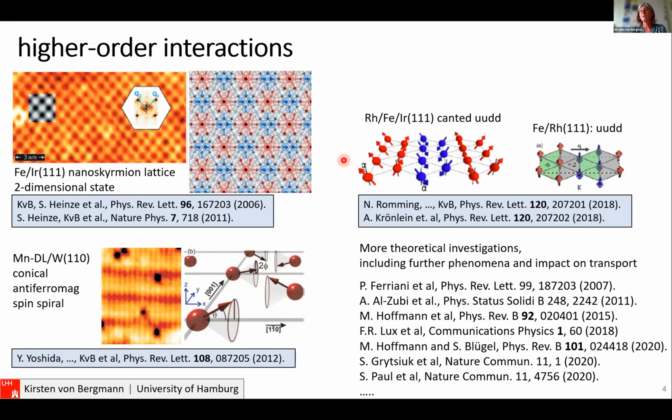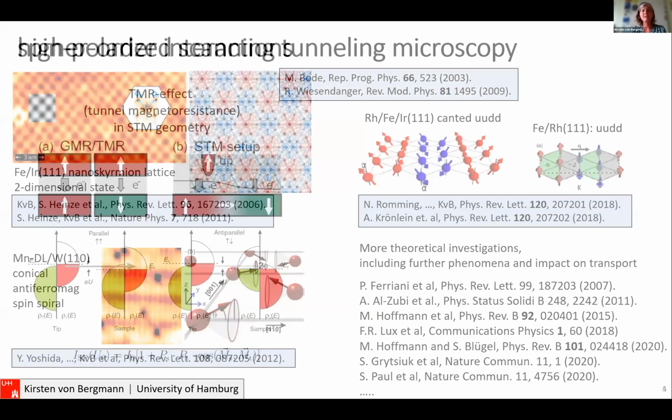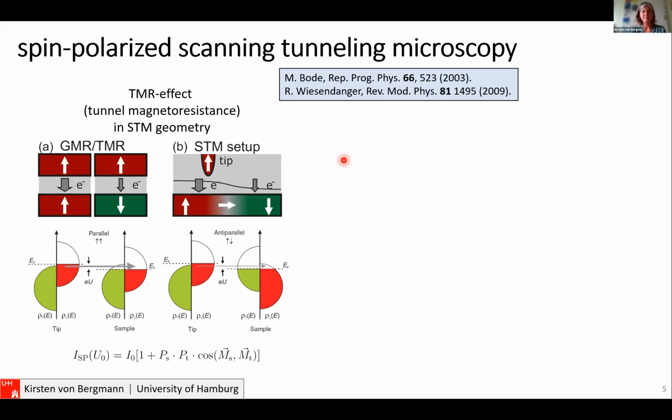And we use our method of spin-polarized scanning tunneling microscopy to investigate such atomic scale non-collinear magnetic order. So basically, we're using the TMR effect, the tunnel magnetoresistance, in STM geometry. So we have a magnetic tip, we have an insulating barrier, and we have a second magnetic electrode. Now, depending on whether tip and sample magnetization are parallel or anti-parallel, we draw a smaller or a larger tunnel current, and thus we can basically study magnetism down to the atomic scale.